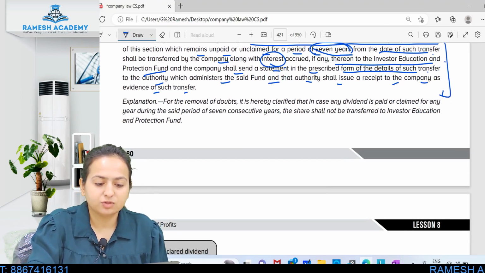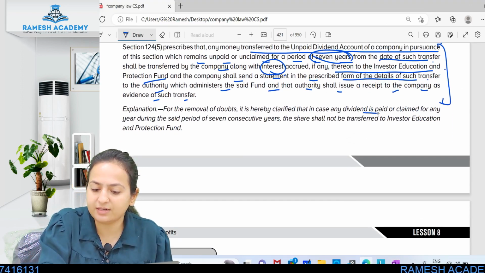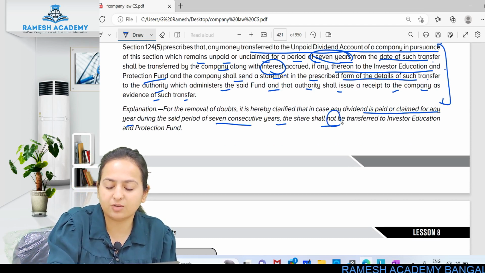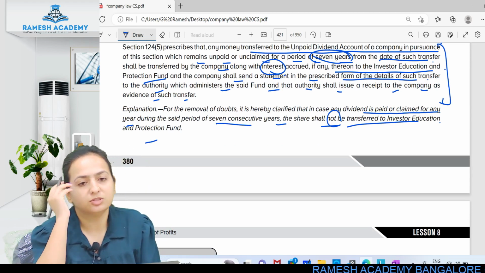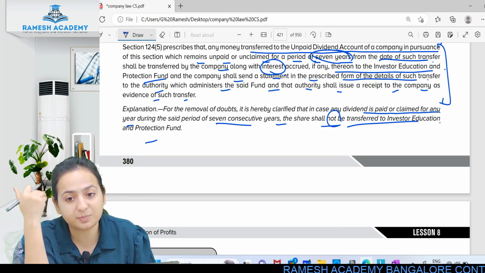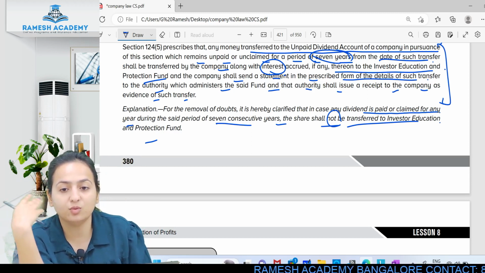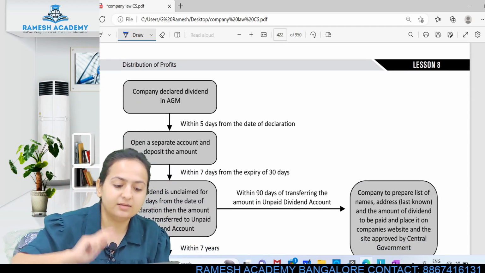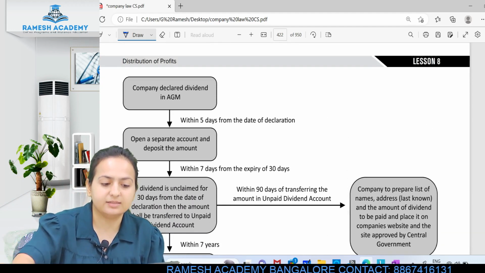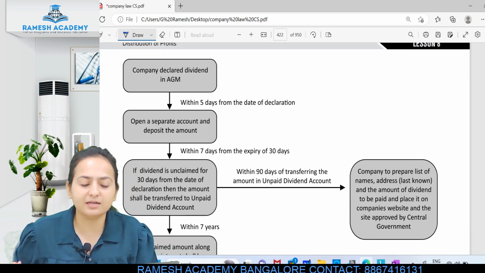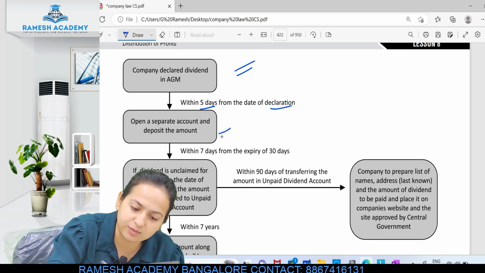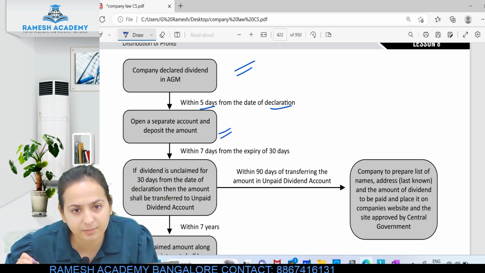Clear? So it is clarified that if dividend is paid or claimed for any year within 7 years, the shares shall not be transferred to IEPF. Suppose the dividend is declared and it is paid within the 7 years, then no amount will be transferred to IEPF. See, they have made a good chart in this. Here the company declared a dividend in the AGM. Within 5 days from the declaration, you will create a separate account and deposit the amount.